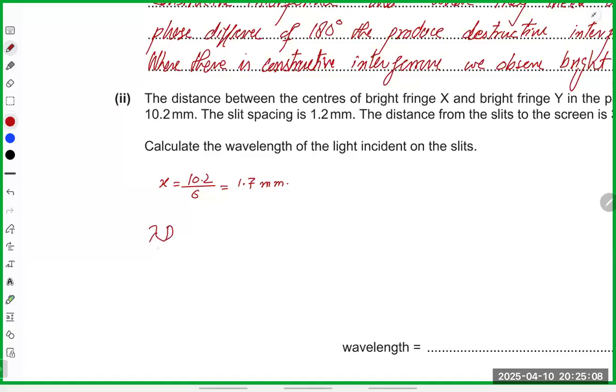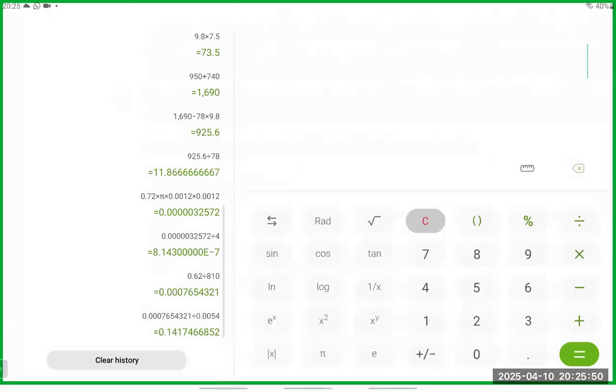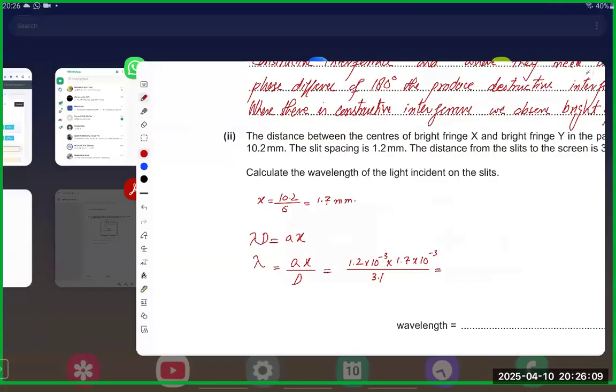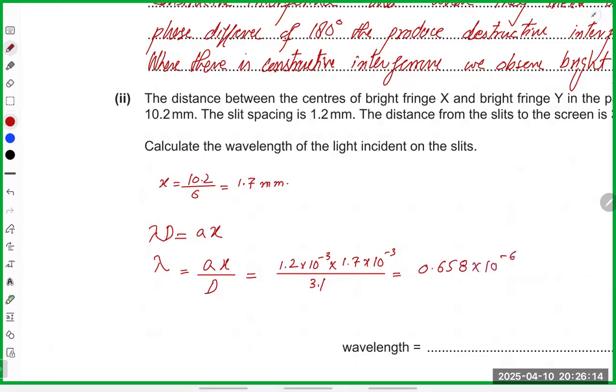Now, the formula is lambda equals ax over D. We need lambda, so it will be ax over D. a is slit spacing, which is 1.2 into 10 to the power minus 3, multiplied by x, which is 1.7 into 10 to the power minus 3, divided by D, which is 3.1. 1.2 multiplied by 1.7 divided by 3.1 gives 0.658, so 0.658 into 10 to the power minus 6.